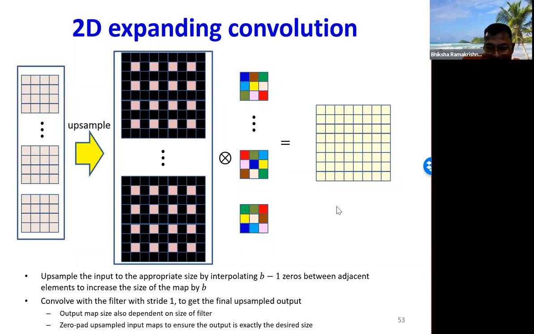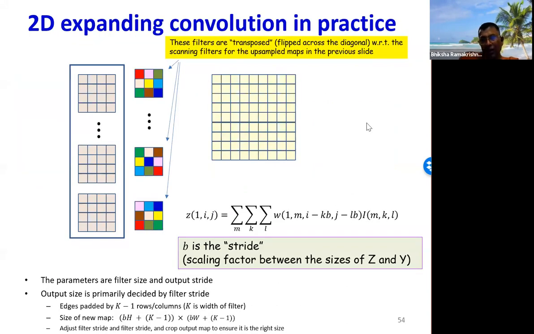Now, in practice, you won't actually explicitly upsample the maps. Just as we did for the 1D case, the upsampling will be implicit. So let's say we want an output map that's b times the size of this input map. I'm going to create an empty map of zeros that is b times the size of the input field. And then I'll have some filter.